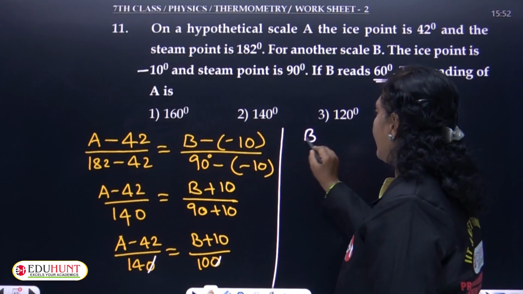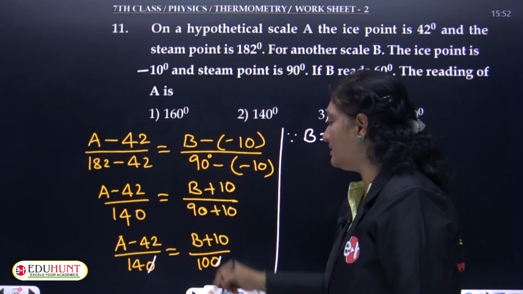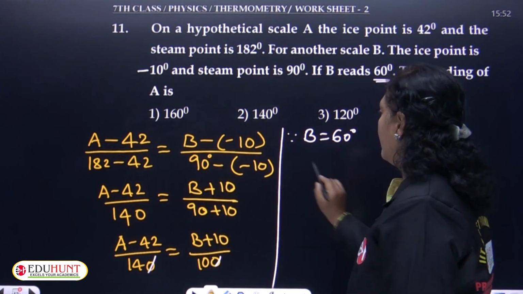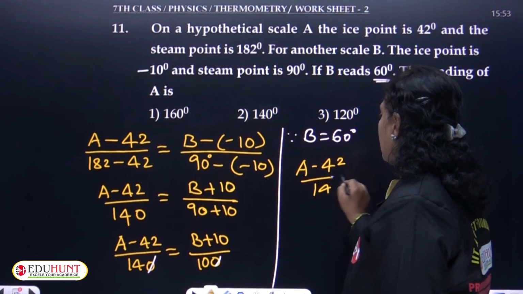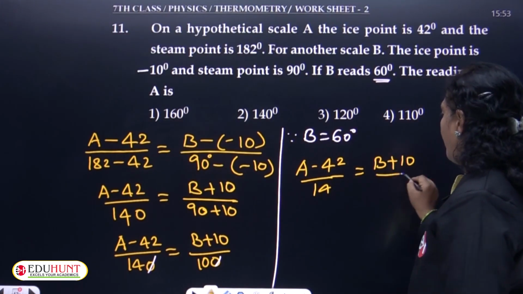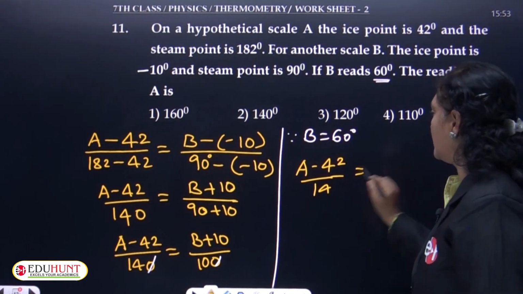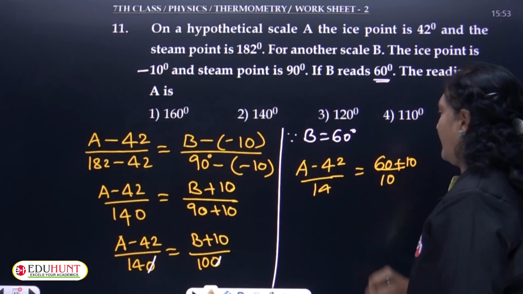So since the value of B is given as 60 degrees, substituting there, we have (A minus 42) upon 14 is equal to (B plus 10) upon 10, where B should be replaced with 60.